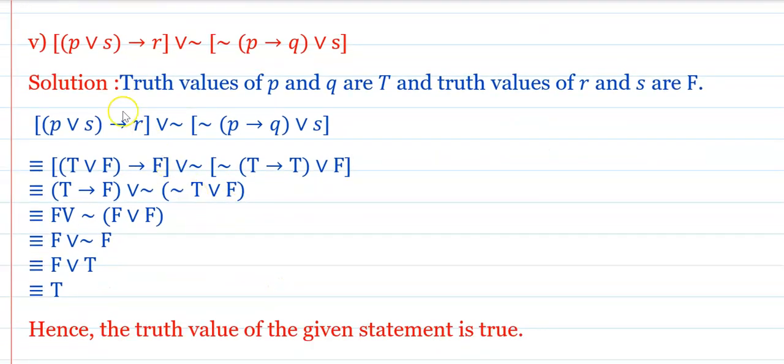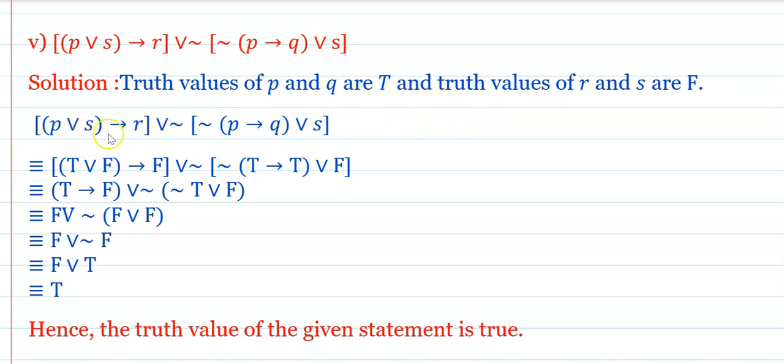Now the fifth one. In bracket P or S, implication R, or negation of in bracket P implies Q or S. Now again P and Q are true, R and S are false.